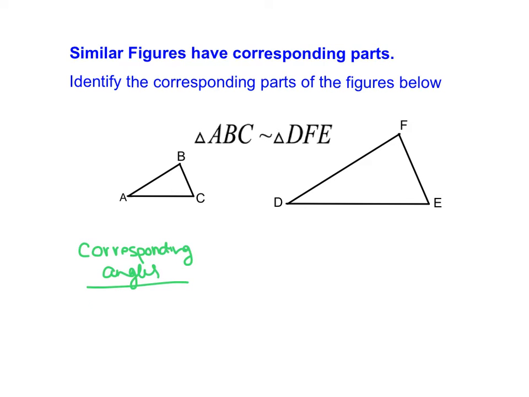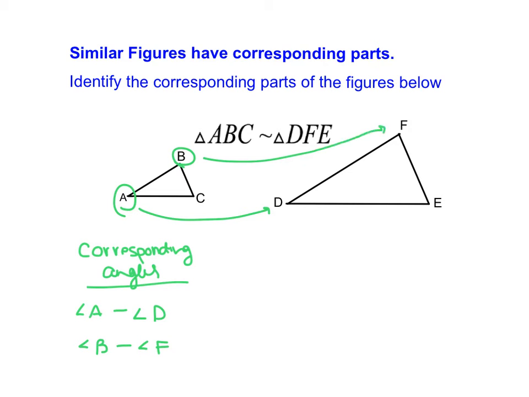So basically we can match up angle A and say that that one matches up with angle D. We can then say angle B corresponds or matches up with angle F. And angle C corresponds and matches up with angle E.